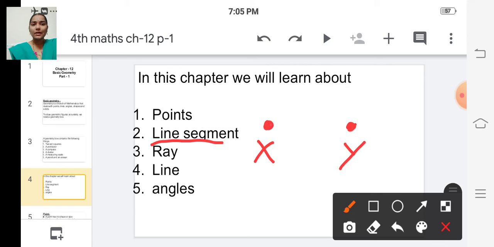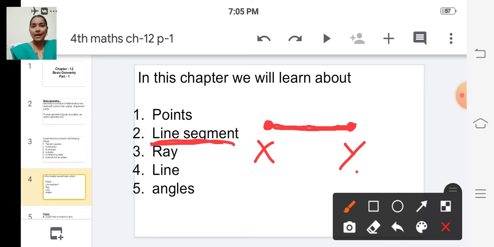I named them X and Y. Now you can join these 2 points using a ruler. This is called a line segment.